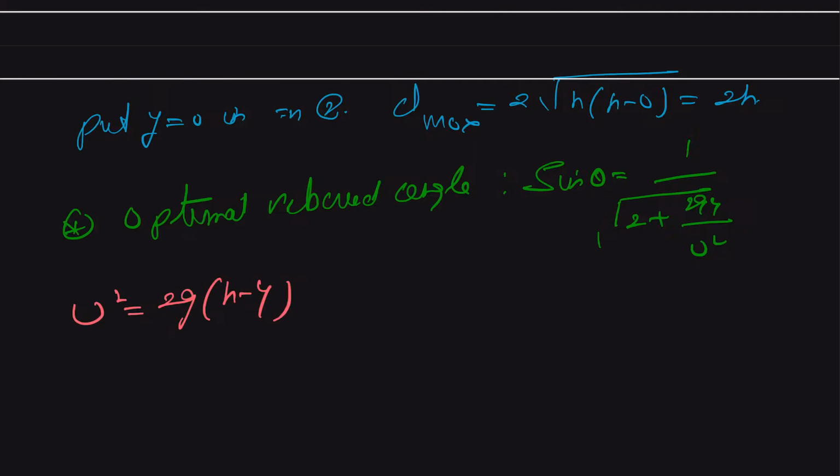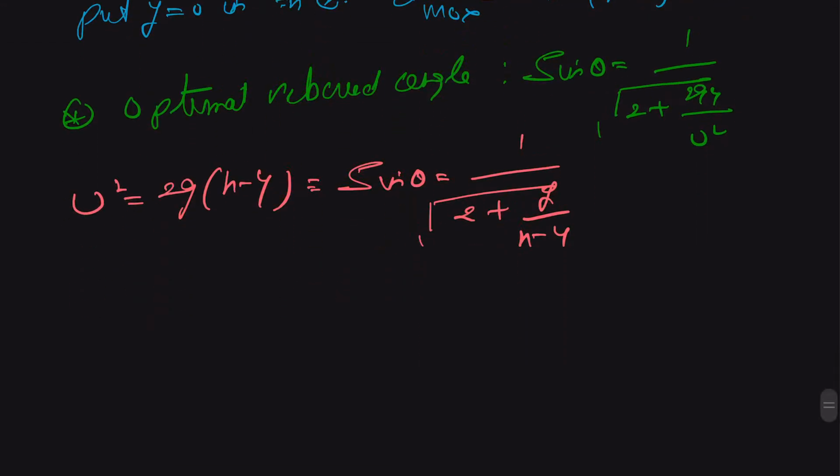So we substitute it, we get sine of theta is equal to 1 upon the square root of 2 plus, and this comes as 2gy, and 2g cancel out, so this comes as y upon h minus y. And we can just manipulate the denominator, so we get sine of theta is equal to 1 upon, this will become here 2h.